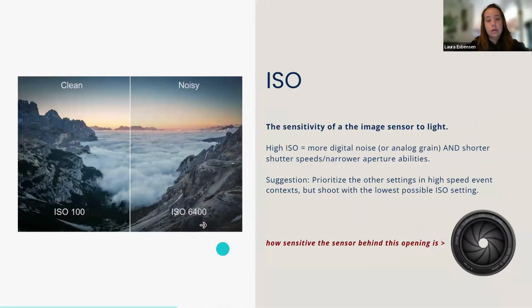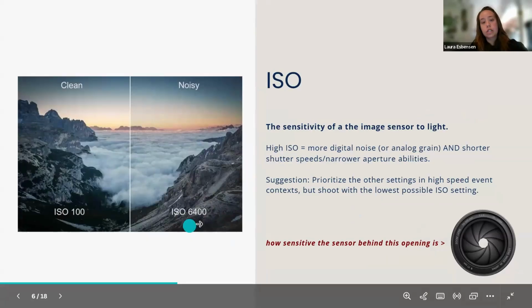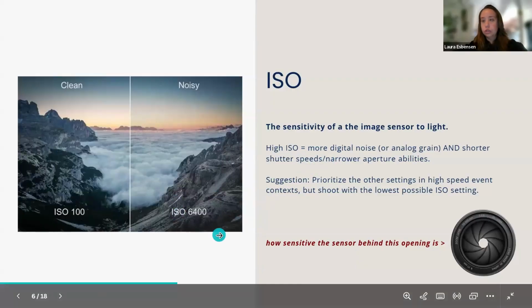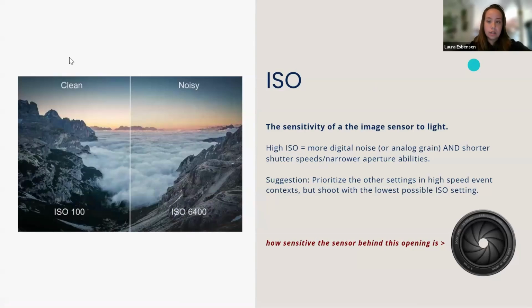So high ISO goes up into the thousands, so 6400 will make the sensor very sensitive to light, but it also causes what's called digital noise. Or, if you're looking at analog, old-timey pictures, it's the grain.